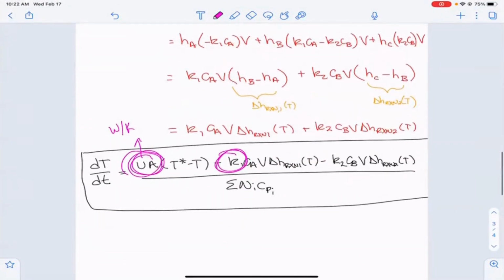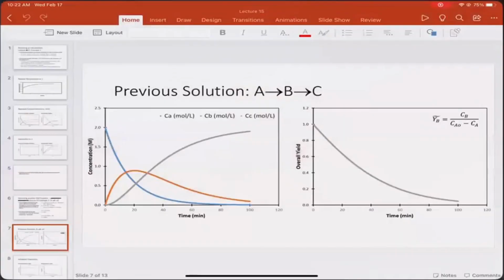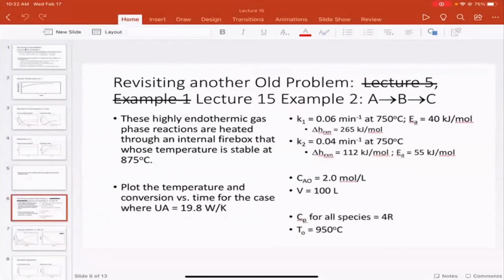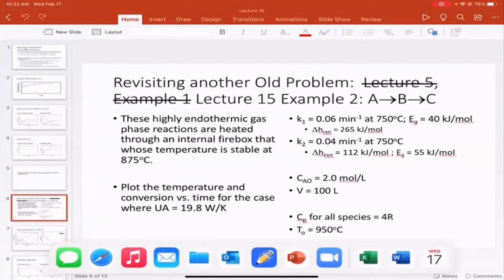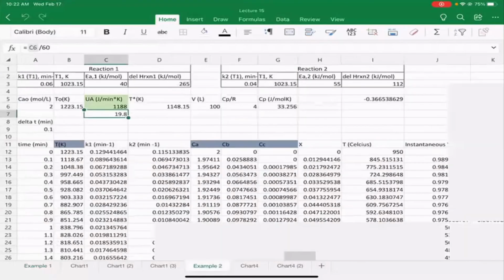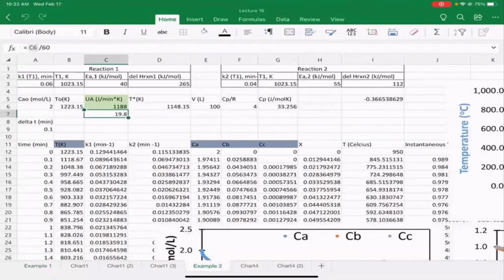And our Ks, K1 and K2, if we go back to the problem statement, are given in inverse minutes. And so as we implement the problem in Excel, we're going to have to take that into consideration.